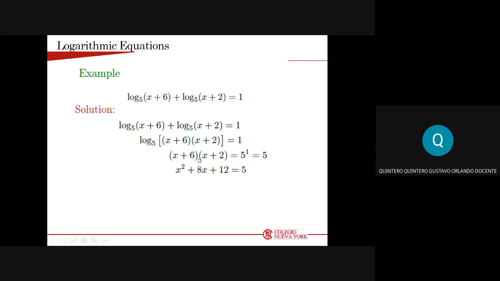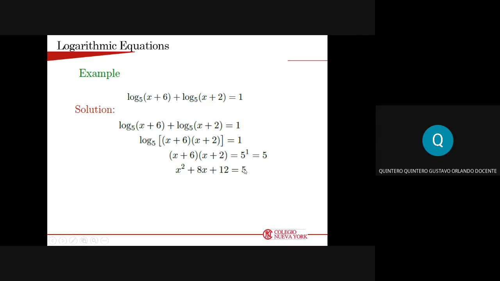That is 6x, so 6x plus 2x is 8x. And then the lasts, 6 times 2, 12. This is the result after we did the FOIL process. Of course, to the right, we have just the 5 alone.